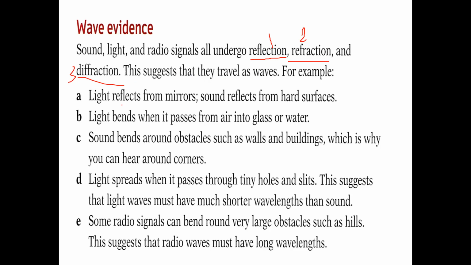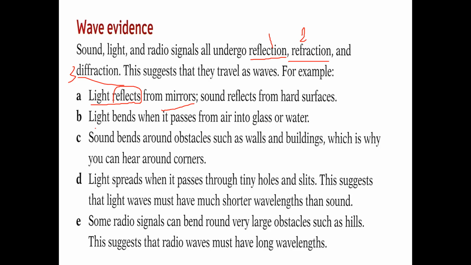For example, light reflects from mirrors. So when light hits a mirror, what will happen to the light waves? They will be reflected. Light bends when it passes through air into glass or water.